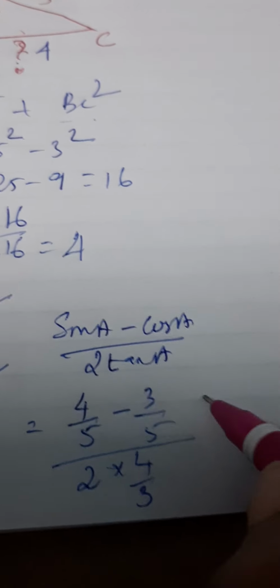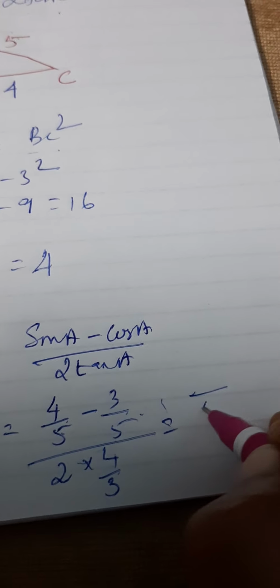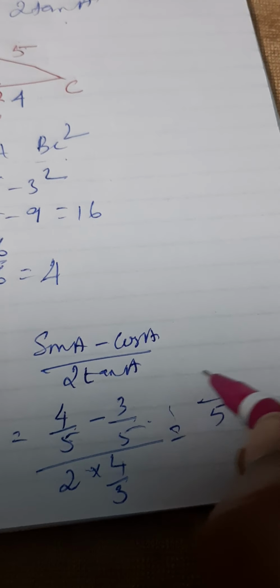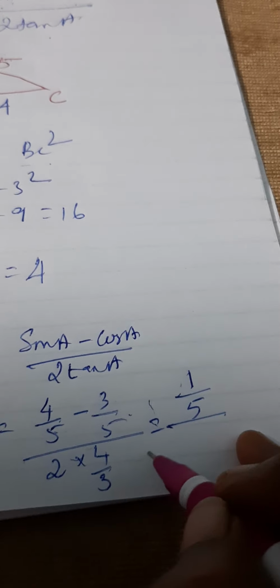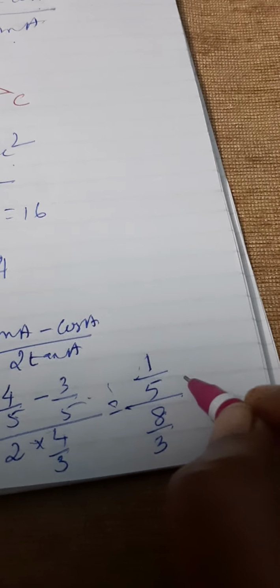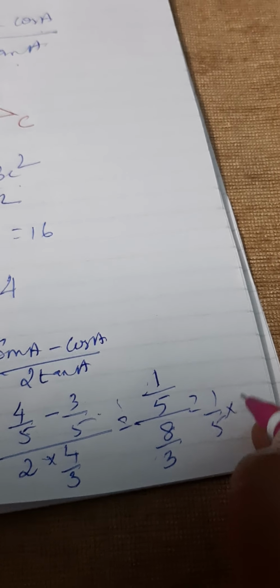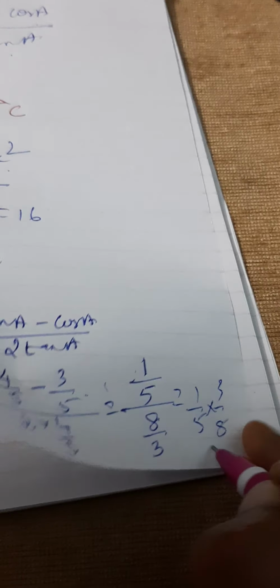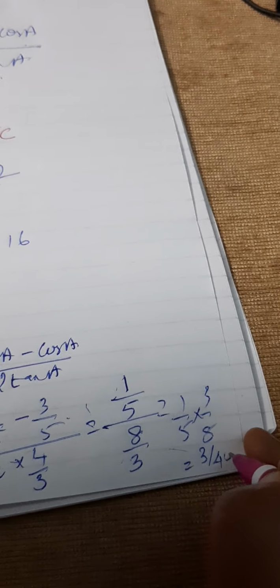So this is equal to, making it common, 5, 4 minus 3 is 1, divided by 2 into 4, 8 by 3. Alright, this will be equal to 1 by 5 into 3 by 8. 5 eights are 40. So 3 by 40 will be the answer.